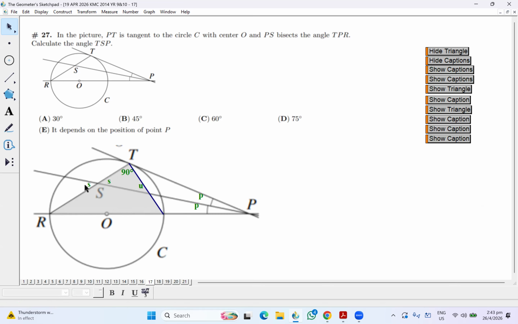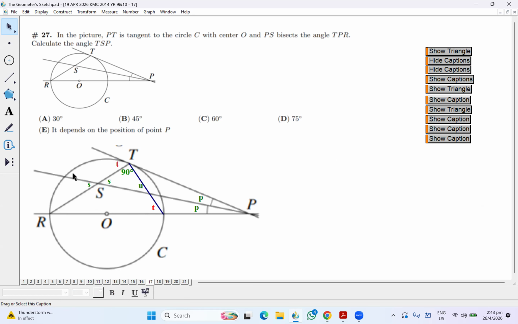Then I mark the angle S. You want to find S, then this U. Then bisector, so P, the bisector, the angles are equal. Then this angle is in the alternate segment, the opposite segment.